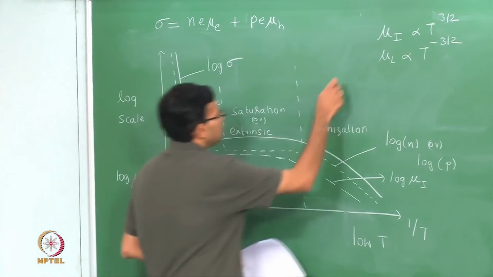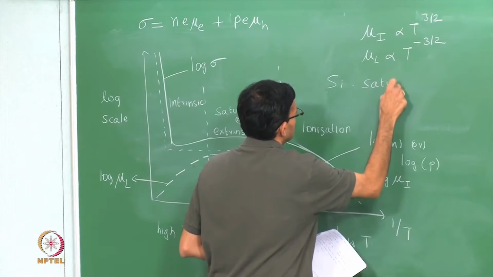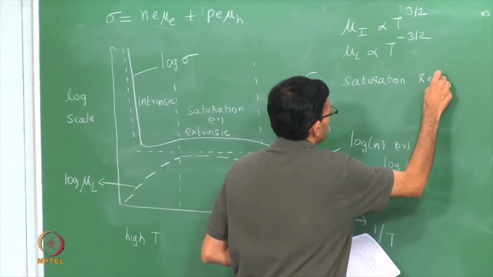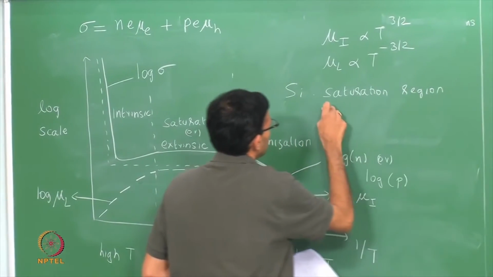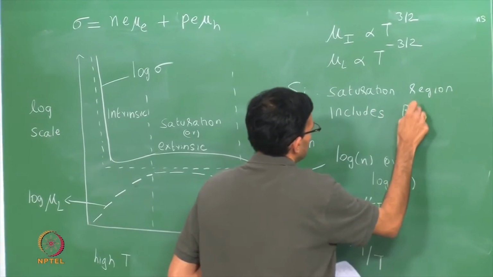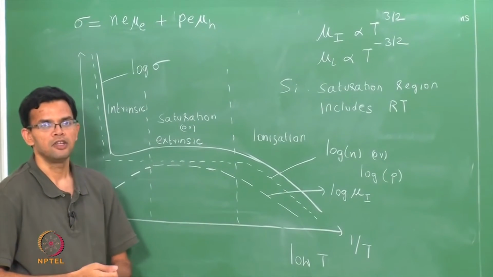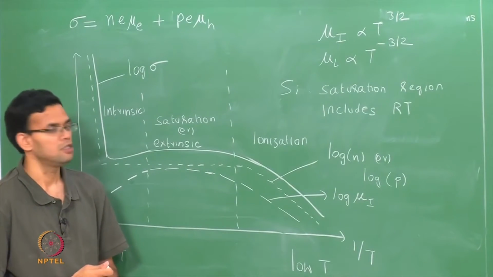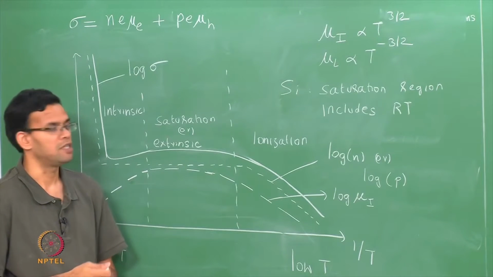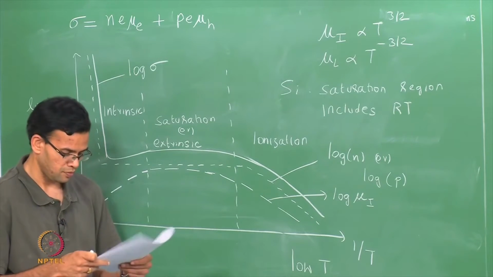In the case of silicon, this saturation region or the extrinsic region is around room temperature, or I should say includes room temperature, which means if you have doped silicon then your conductivity is almost a constant in and around room temperature. This is very important when we try and form devices later with these extrinsic semiconductors.